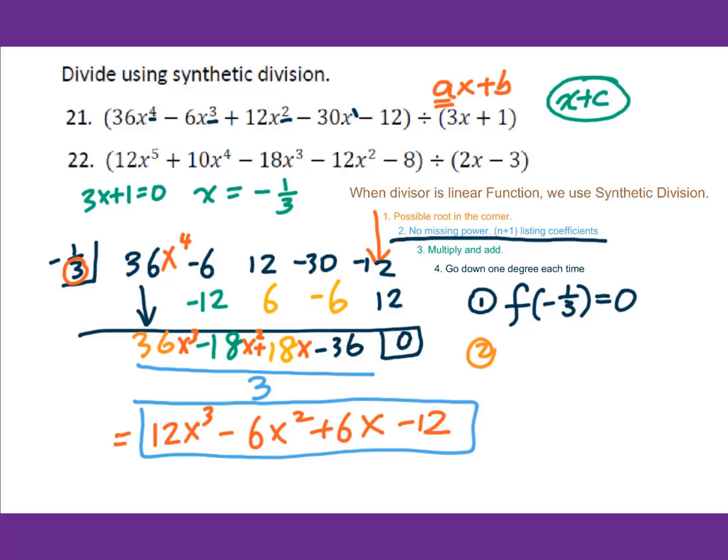Then second, negative 1 over 3 is the root of this polynomial. Then third, 3x plus 1 is a factor of this polynomial.